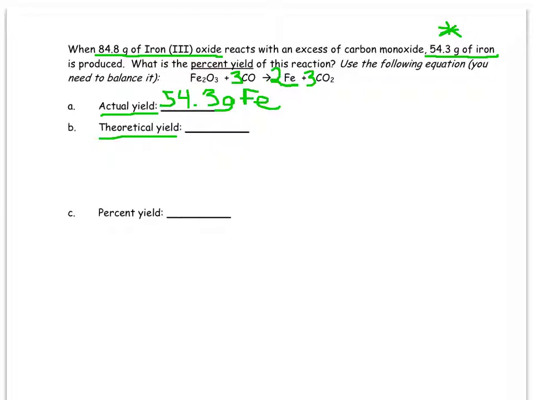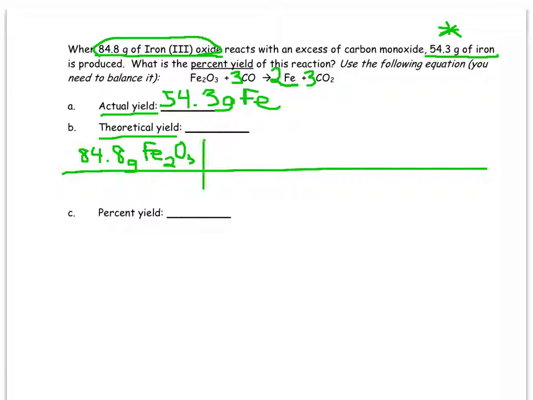So the way we're going to get that, this is the number you should theoretically get when you're doing this problem. We're going to take this other number we haven't used yet, our 84.8 grams of iron 3 oxide, and we're going to convert that to grams of iron.